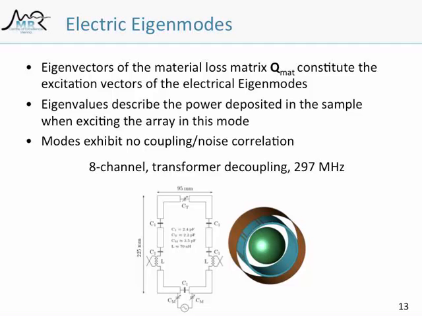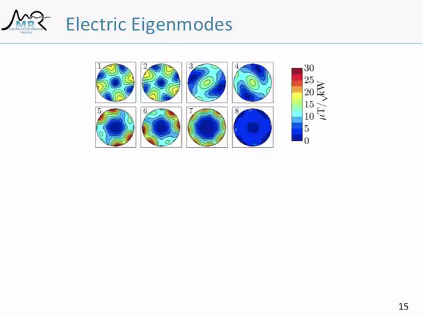As I talked about with the power correlation matrix, we had one matrix that contained all the losses inside the sample. And it turns out, if you calculate the eigenvectors and eigenvalues of this matrix, those are exactly those electrical eigenmodes.